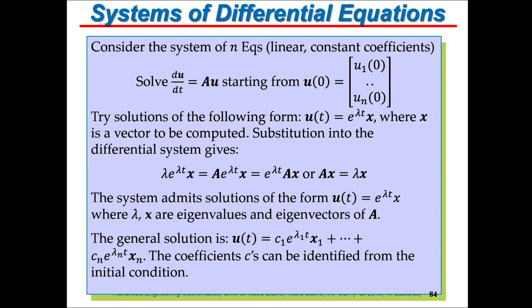And if you wonder how you get these coefficients c, they will be computed from the fact that at time t equals 0, when all of these exponentials become 1, u of 0 is given as the initial condition, u1 of 0 up to un of 0. So the general form again is u of t equals c1 e to the lambda 1 t x1 plus cn e to the lambda n t xn.